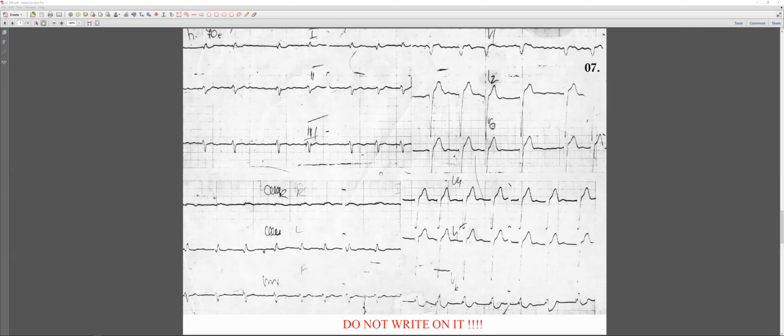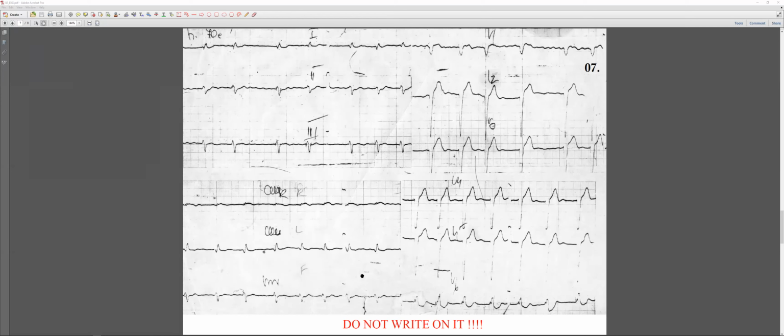Right bundle. Right. Why right? So why is it right? Because the wide S in the V. What did I say? Whenever you do see the wide R complex, not the S, R. Okay.